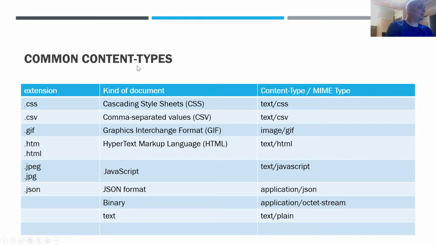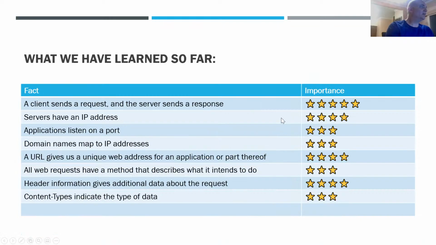And you'll have to specify what that content type is. So in this particular case, you'll say, my header content type is text CSS or text CSV or an image or text HTML or whatever it is. And then once it's transmitted, the client, which in that case will be the browser, will be able to look at that content type and determine how to interpret it. We'll have a look at some JSON content types in just a moment.